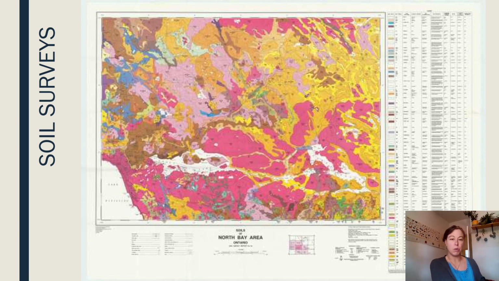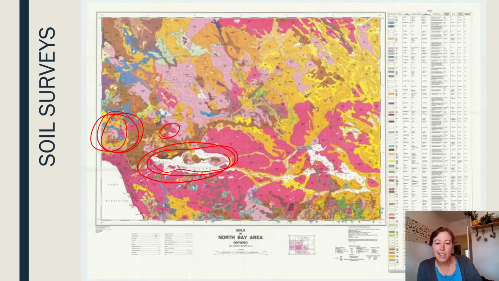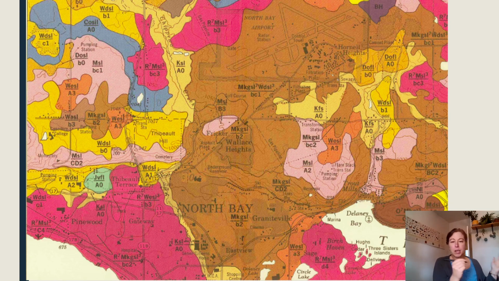This is Trout Lake for those people who aren't from North Bay. So the campus is up here. And my house that I grew up in is here. So here we go. Here's our campus, right? Canadore College. And our soil pits are going to be in this yellow area, and maybe we might have some in this pink area.